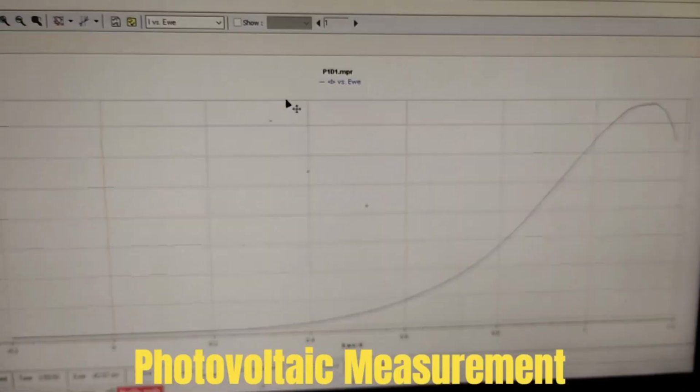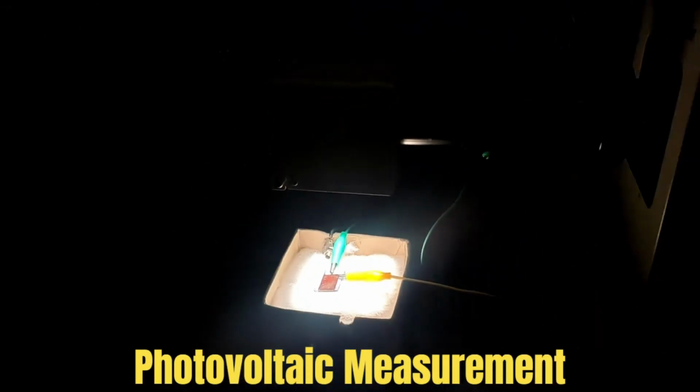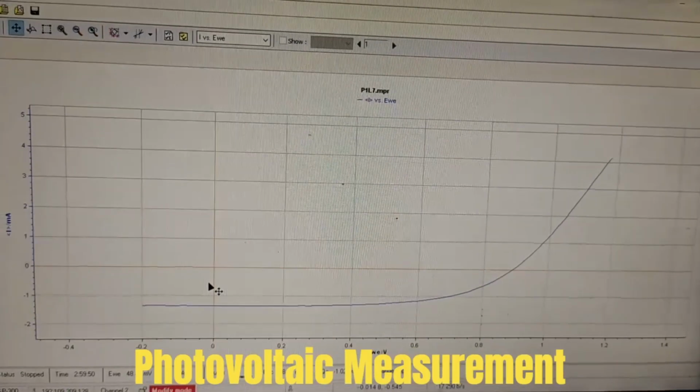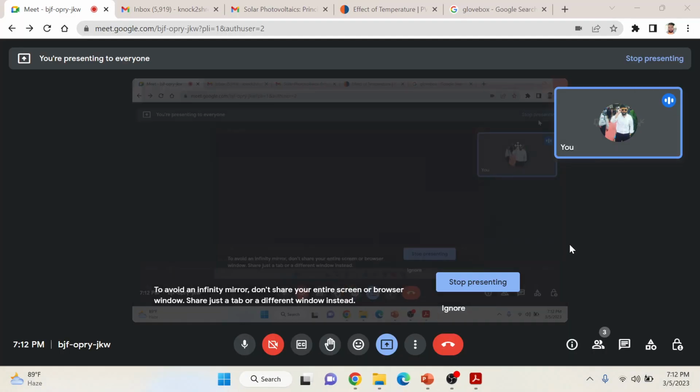But when we illuminate it, you can see there is a certain current, and when you plot it, you can see the value. These are the two lab mates who demonstrated it, from my lab. So this is a general video I can show you.